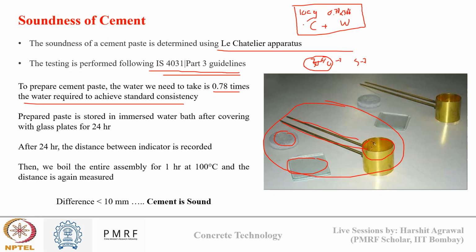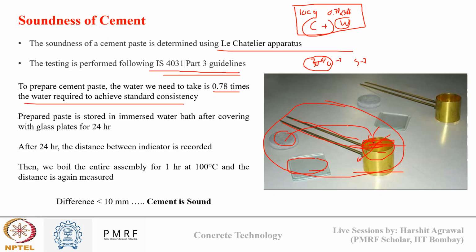Once we know the cement and the water weight, we prepare the paste and we fill the paste inside this mold. Once we have filled the paste inside this mold, compacted it and leveled it from the top, we cover it with the glass plate at the bottom and at the top, and we place the stone on top of the glass plate.